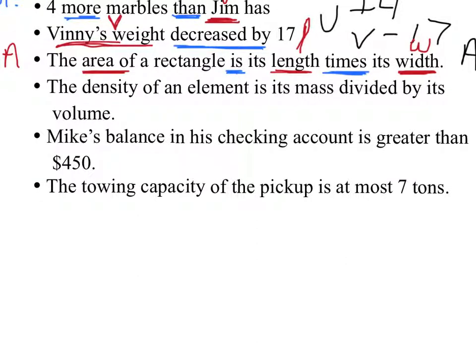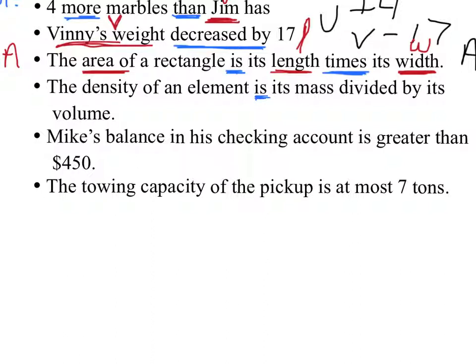Our next problem says the density of an element is, there's that word "is" again, I'm going to go ahead and underline that. That means it's going to be an equation, it's equal. The density of an element is its mass divided by its volume.